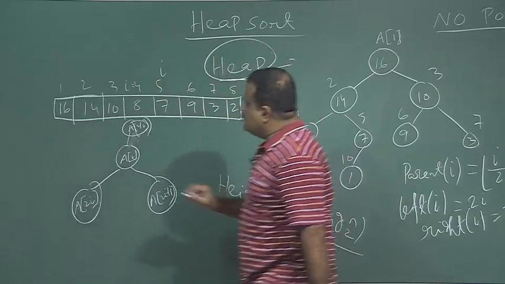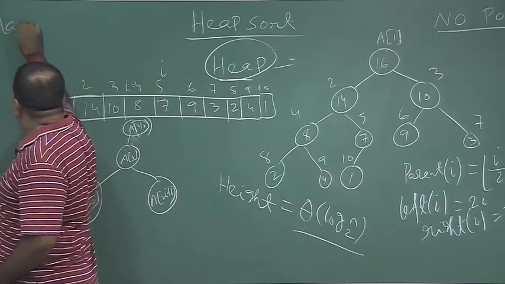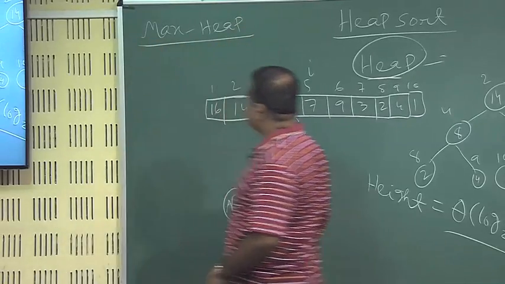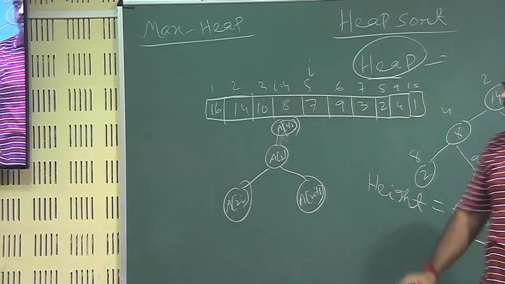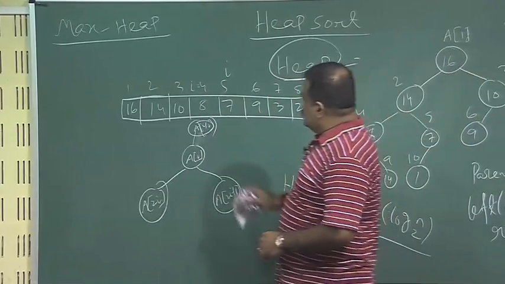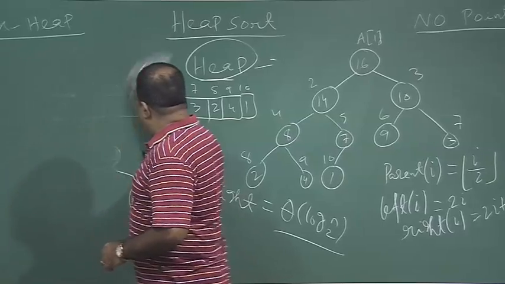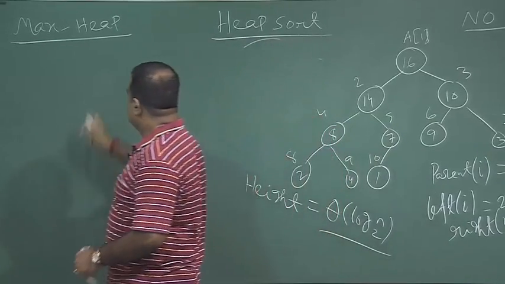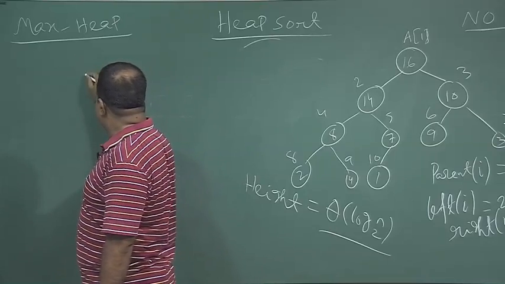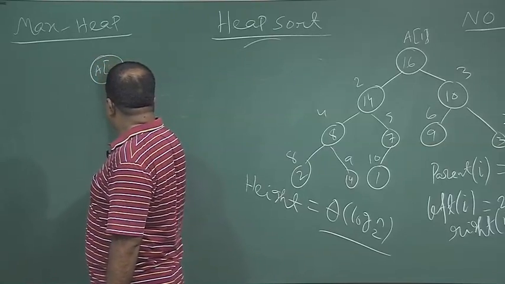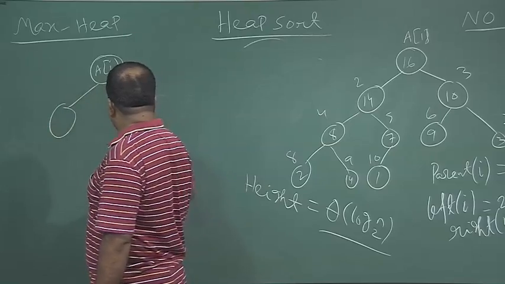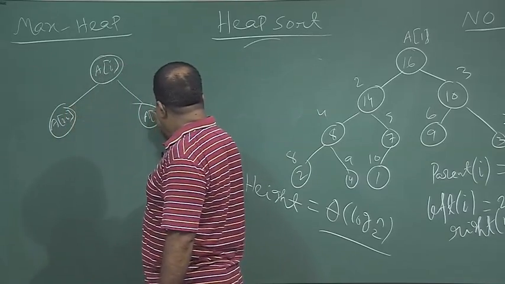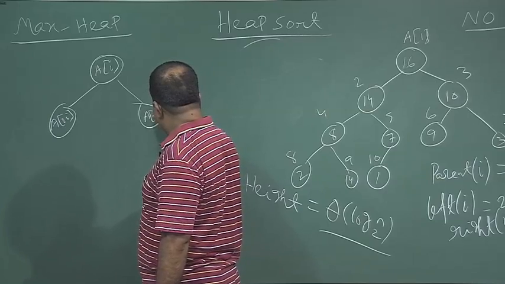Now we introduce the max heap property in this heap. Every element is greater than its children. So here it is Ai and we have the children A2i and A2i plus 1.